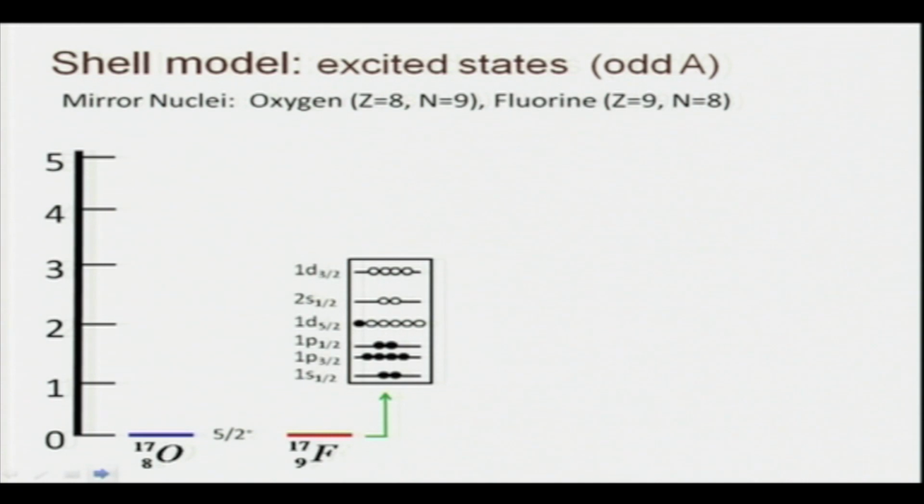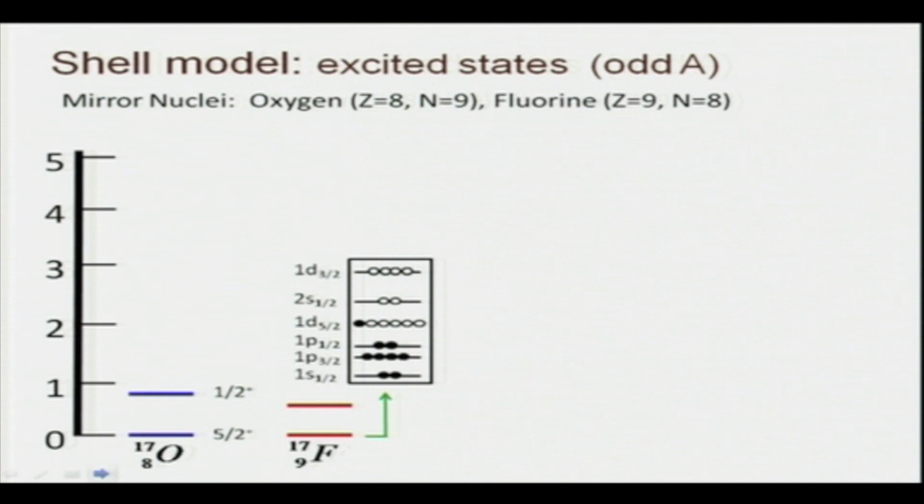The spin is 1/2, and what is the parity? It is an S state, L equal to 0 state. Therefore, its parity is plus. So, we expect an excited state with I equal to 1/2 and parity plus. Indeed, we see, in fact, the first excited state is I P 1/2 plus.